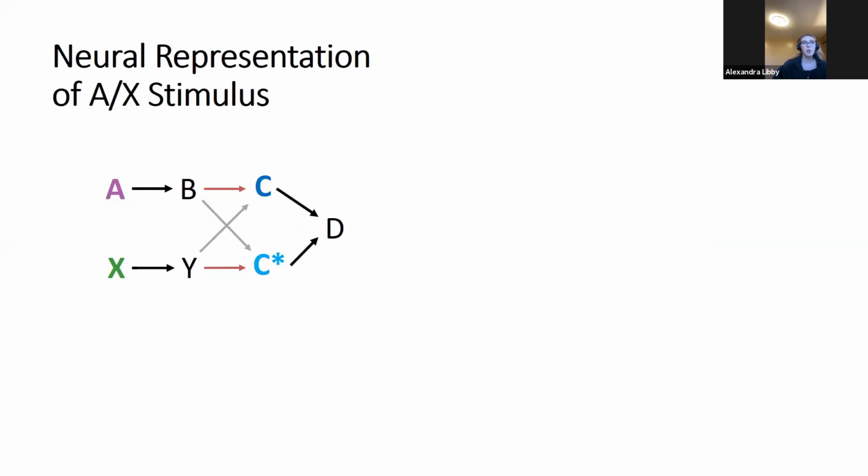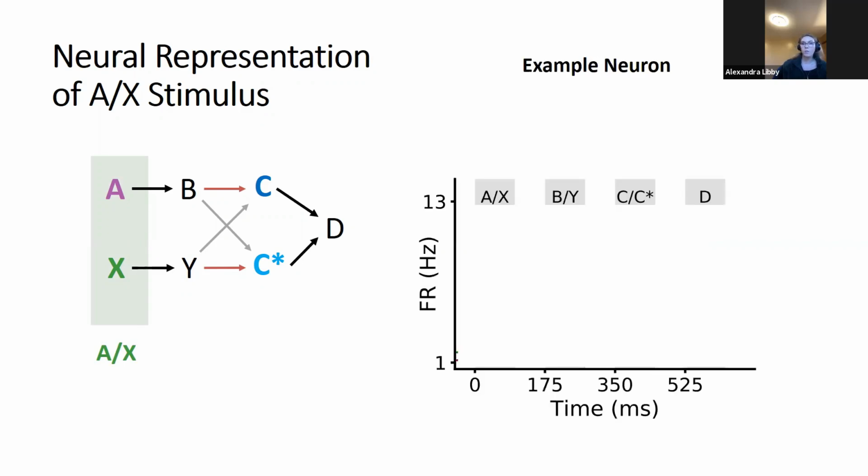So when I'm talking about a neural representation, basically it comes down to the firing rate responses to the stimulus. So if we look at A versus X, I can take an example neuron and look at the firing rate response over the course of the sequence. Here I'm grouping trials by whether the animal heard A, shown in purple, or X, shown in green.